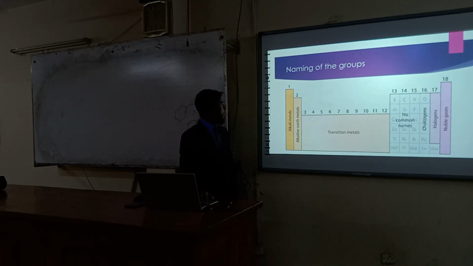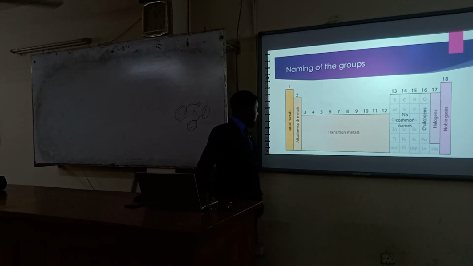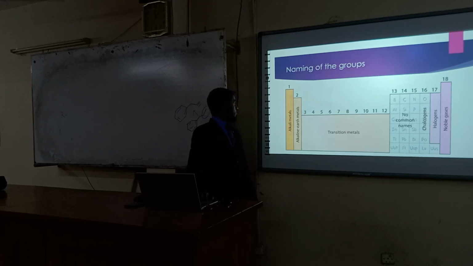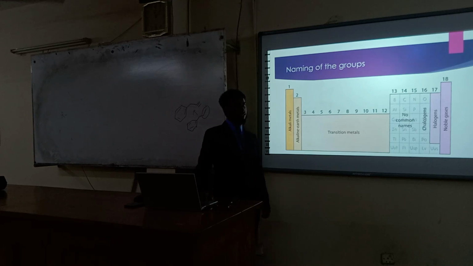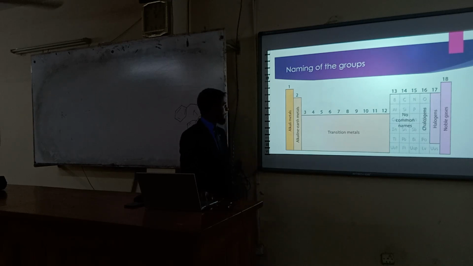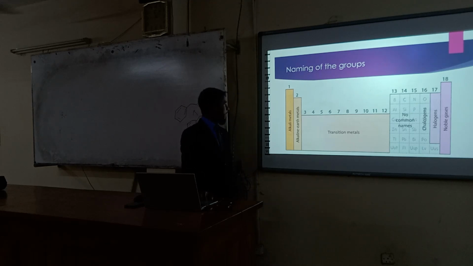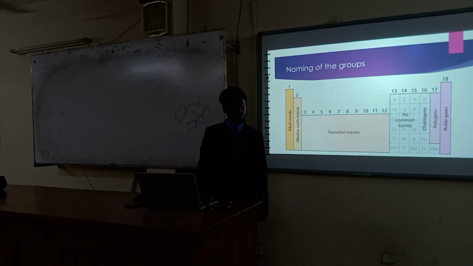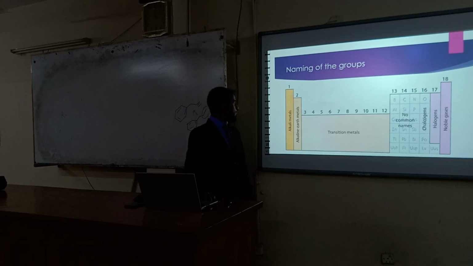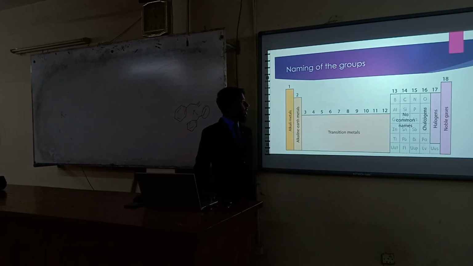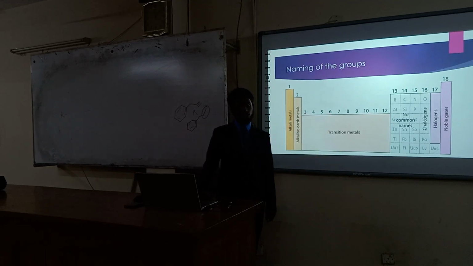Now we can see alkaline earth metals. The group 2 metals are called alkaline earth metals, such as magnesium, beryllium, francium. They are also very reactive, but less reactive than alkali metals. Then groups 3 to 12 are transition metals.